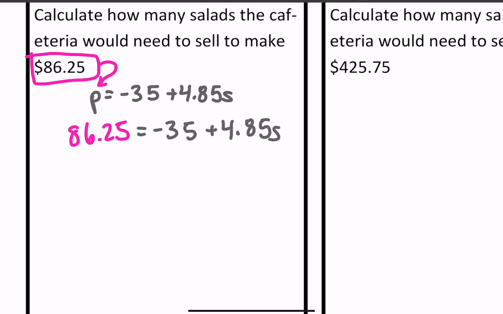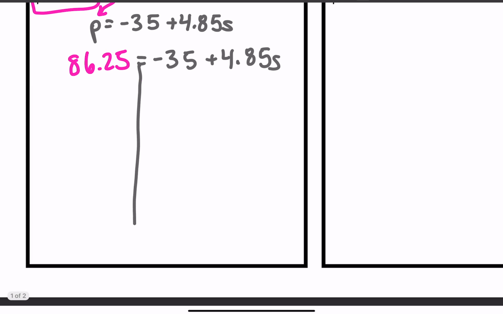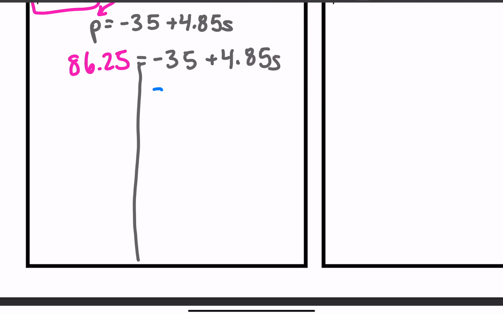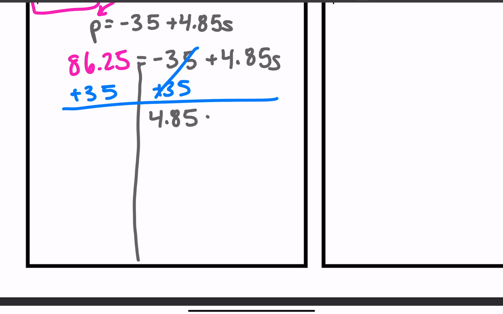And oh my gosh, we know how to do this. Yeah, it's got ugly decimals, but that's okay because we're smart cookies. We can solve and figure out S. So I'm going to add that 35 on both sides, which leaves us with 4.85 S. Make sure S looks like an S and not like a 5. 121.25.